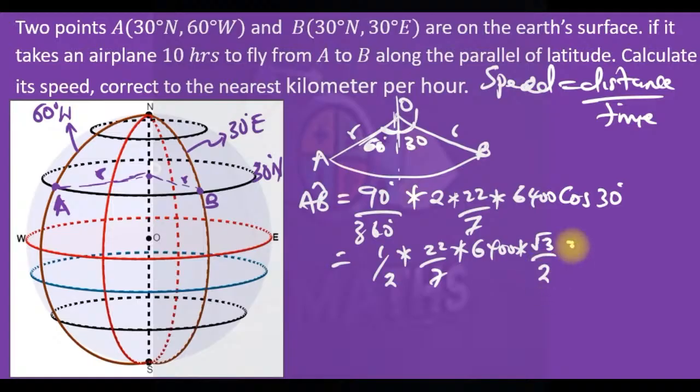So we can see that this is 2 to 11. So I have 11 times 6,400 over 14 times root 3, times root 3. So let's find the product.